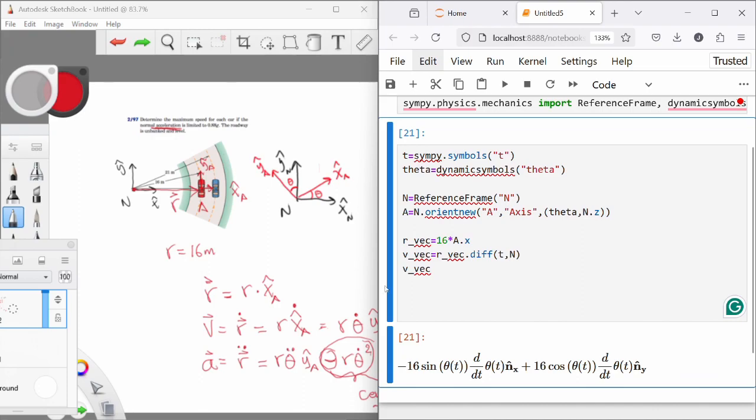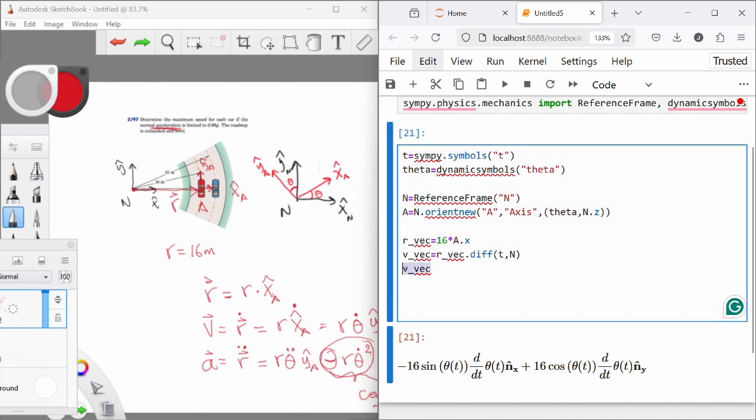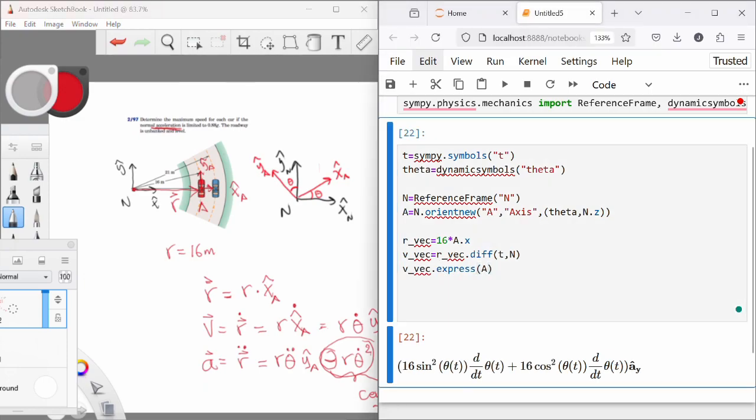We can see that when it computes the derivatives, it expresses them in the n reference frame. But we found that it was more convenient to express in the a reference frame, so I will express in the a reference frame. And you can see that there is a sine square of theta and cosine square of theta that could be factored, and the expression should be more simple.